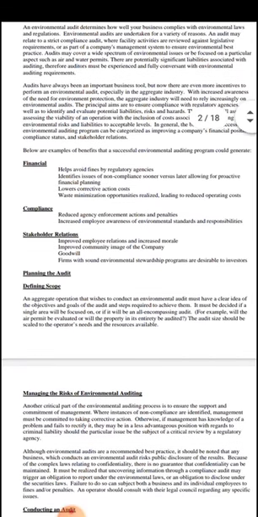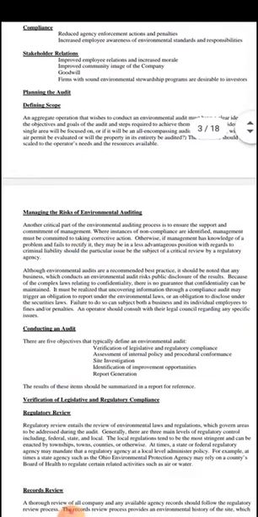Again, I will request you to go through this document.